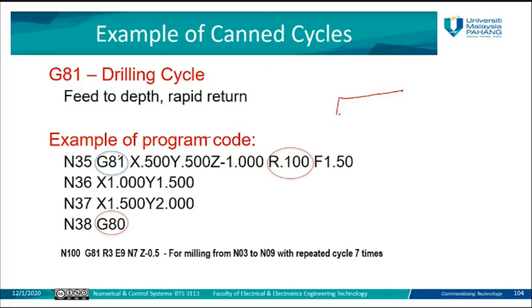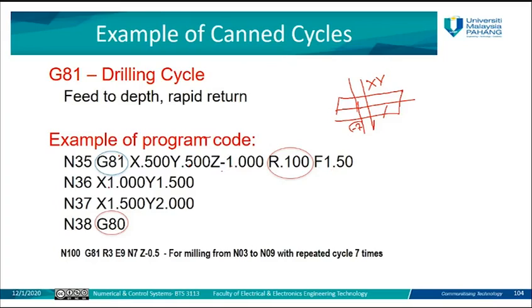It is negative because we are working in the X, Y plane, and one advantage of using the X, Y plane is that it makes it easy to calculate: under the surface of the workpiece, the Z value is defined as negative. The clearance R is 0.1 here, and F is 1.5.